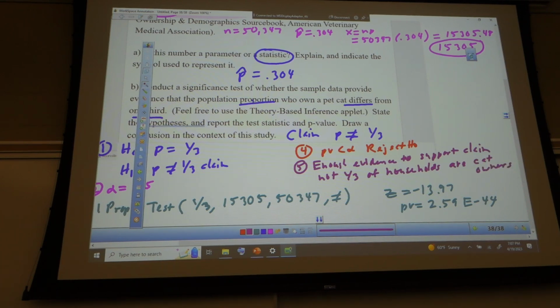Okay, so that seems reasonable. We rejected our own hypothesis.